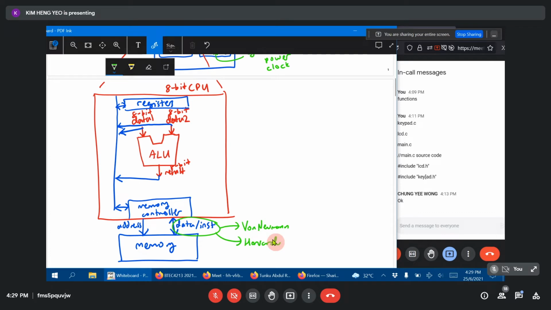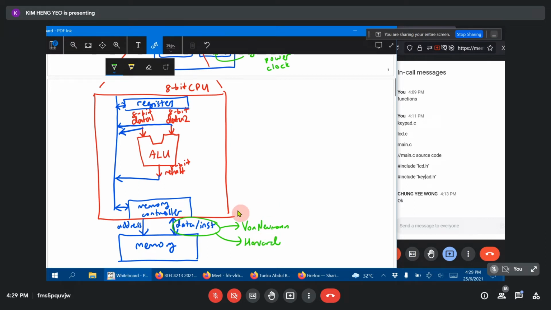So in Harvard architecture, you can fetch instruction and read or write data at the same time. In other words, Harvard architecture will have higher performance than von Neumann. But in Harvard architecture, the processor design will be more complex because you have two sets of buses. More complex processor design means more expensive, bigger, more power. Von Neumann processor design is simpler, smaller, uses less power. So both have their applications.